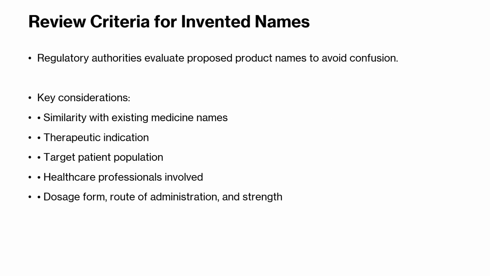The proposed product name, that is a trade name or the invented name, should not be similar to the already existing trade name of another product. There are certain criteria which are taken into consideration while the agency evaluates the invented name.